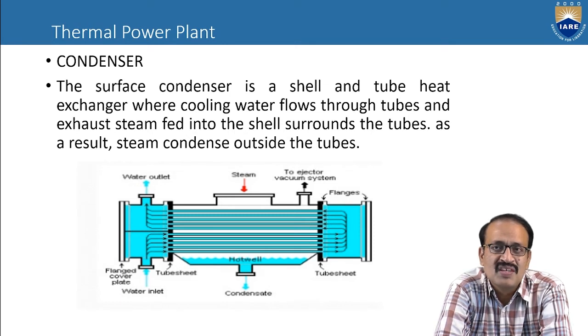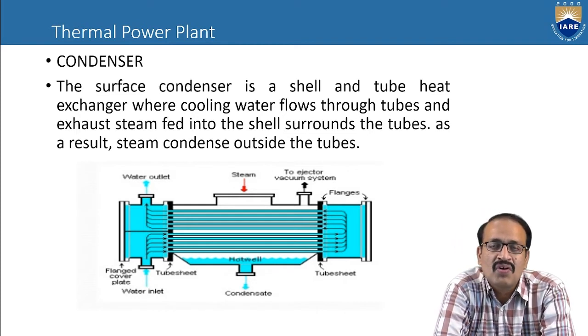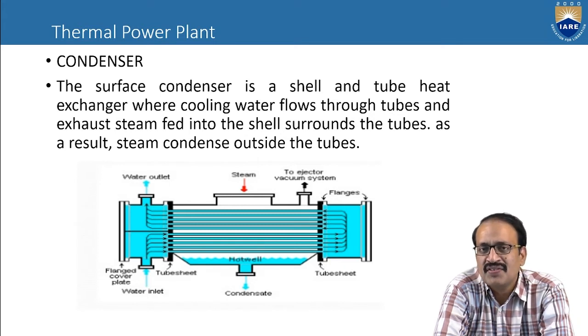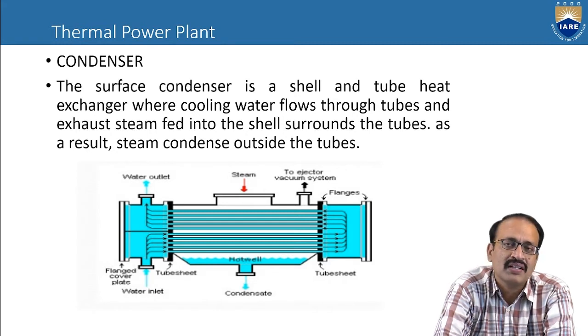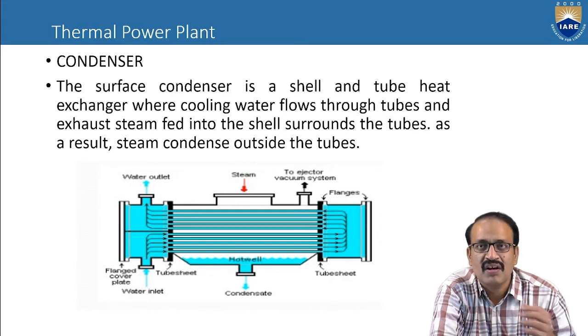The steam is allowed to pass over the pipes which are carrying water, and because of the interaction of the steam with the surface of the pipes carrying the water, it becomes condensed.